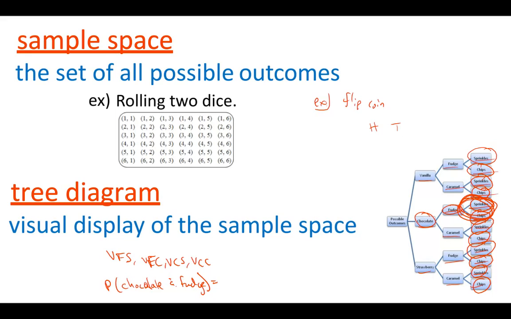So there's 2 favorable outcomes out of the total sample space, which is 12. So 2 out of 12, or 1 out of 6, of getting chocolate and fudge. This tree diagram is just a way of visually displaying all of the possible outcomes in the sample space. We then could compute some probabilities based off of that.